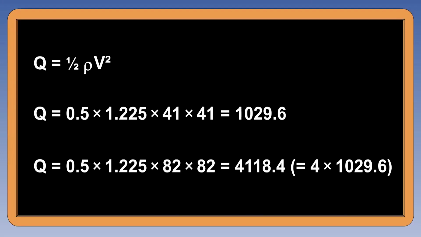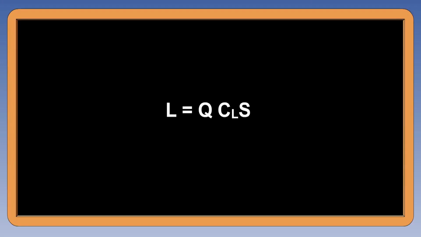EASA sea level density is used here, but any constant density will give the same result. Referring to the lift formula, lift equals Q times CL times wing area S. If dynamic pressure is 4 times greater because speed is doubled, CL must be reduced to 1/4 of its previous value to maintain a constant lift force.